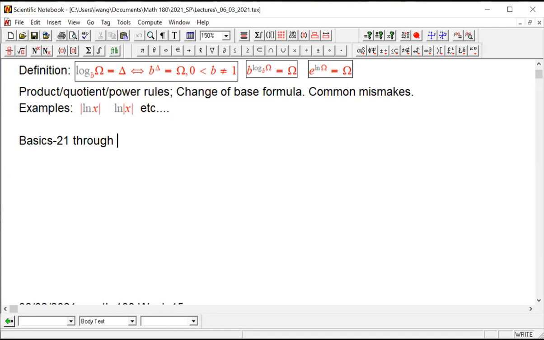Okay, all the way through Basic 35A. At 35A, we actually saw some practical questions you are going to encounter in calculus classes.